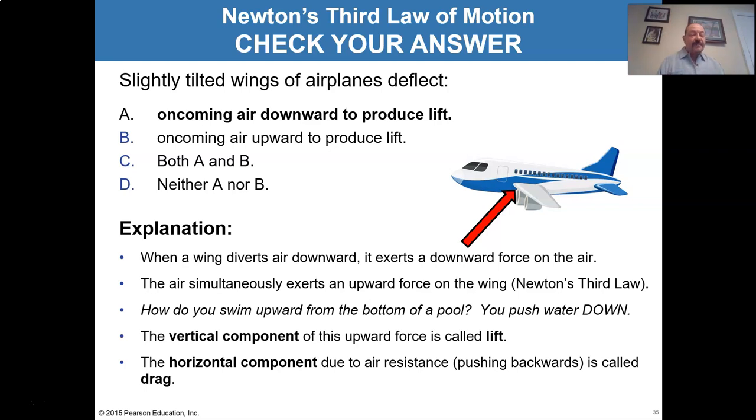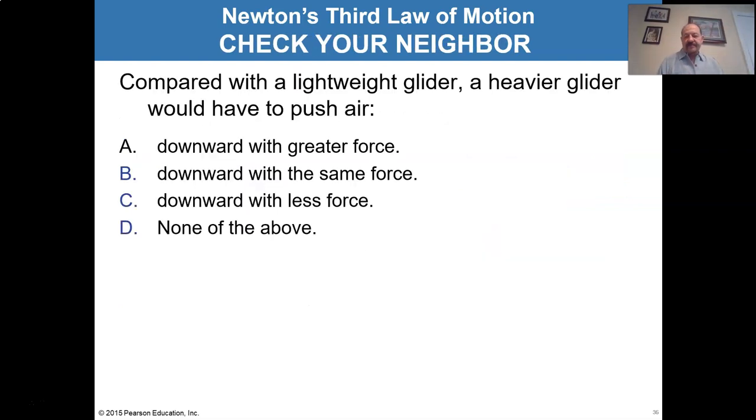The horizontal component, which is the plane going into the air and feeling the force against it, usually pushing backwards, is called drag or air resistance. So it's similar to the resistance when a skydiver is falling through the air. There's air resistance pushing up on them. When a plane is flying through the air, there's air resistance, drag, pushing back on it as it flies.